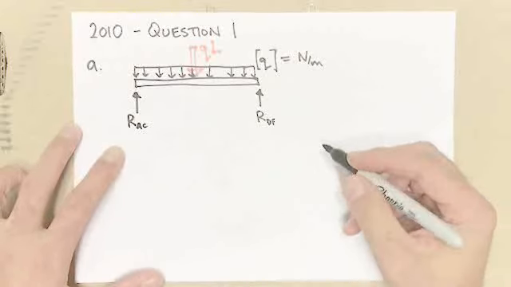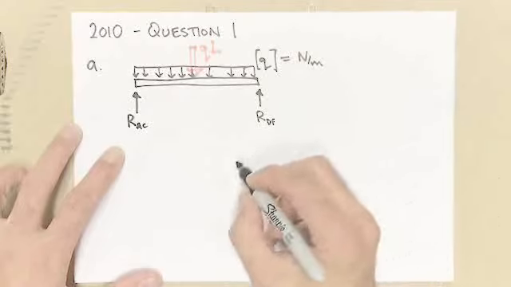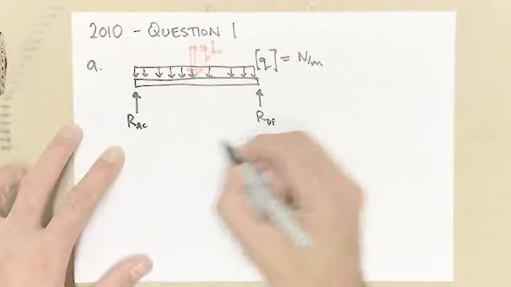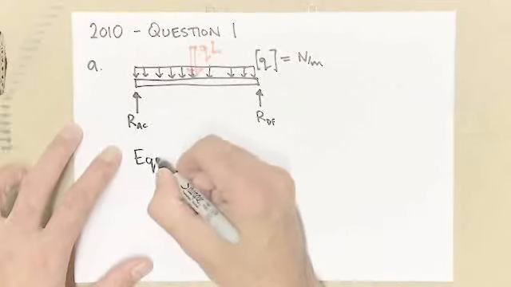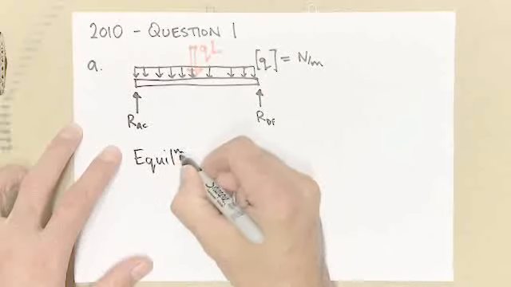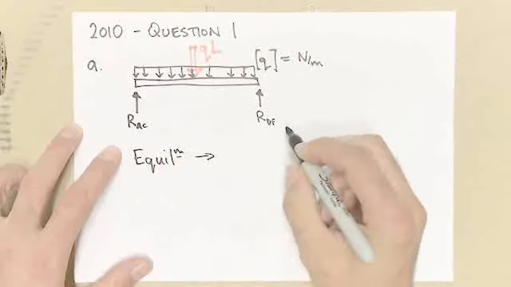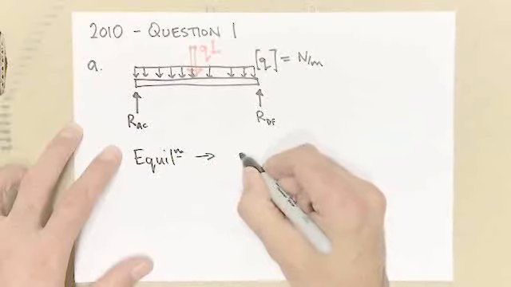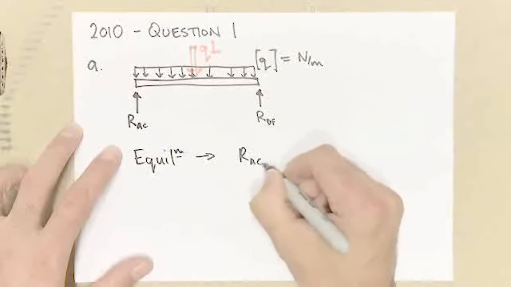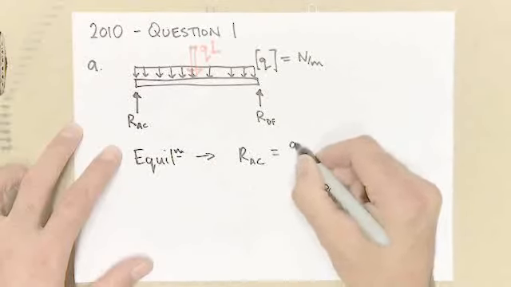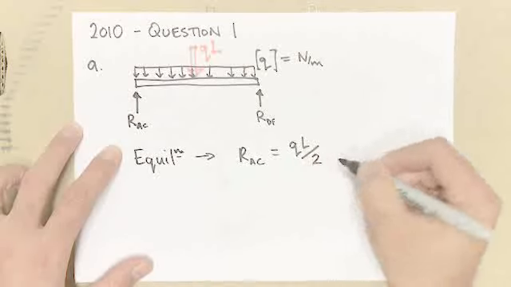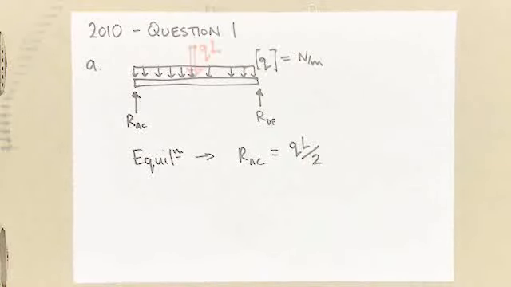Now, this is a symmetrical problem. Shouldn't be too tricky, just from simple equilibrium. You can clearly see, I hope, that both of those loads are going to be half of the total distributed load.